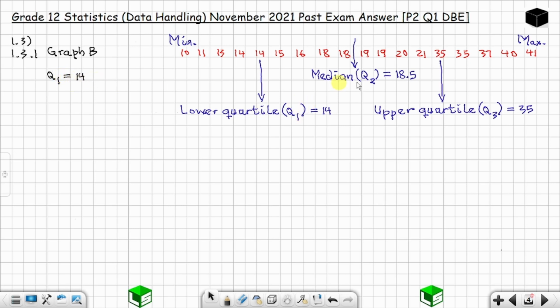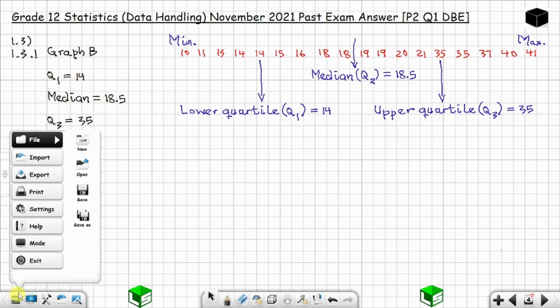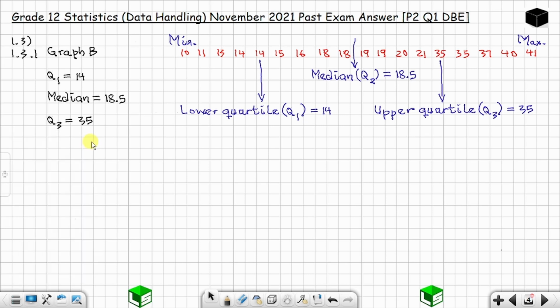Okay, or you can give this one, the median is equal to 18.5. Or you can say Q3 is equal to 35. So any of the reasons. You don't have to give all these three reasons. Just give one. Okay, now the next question, let's see what the question is saying.